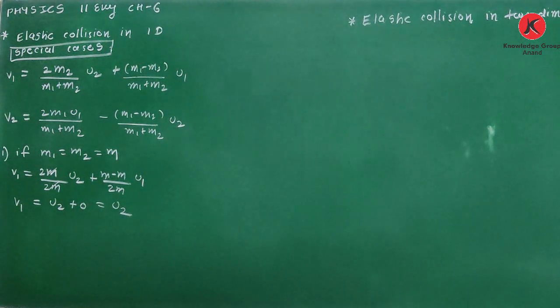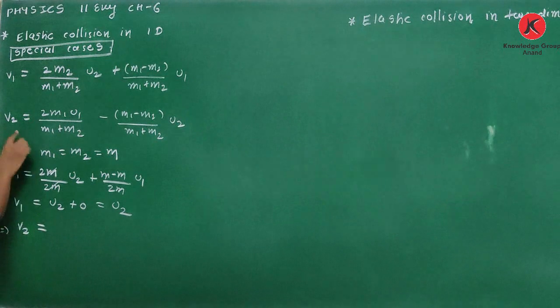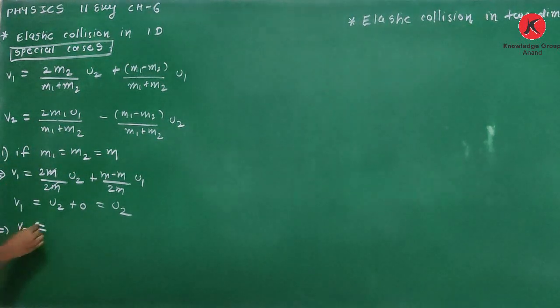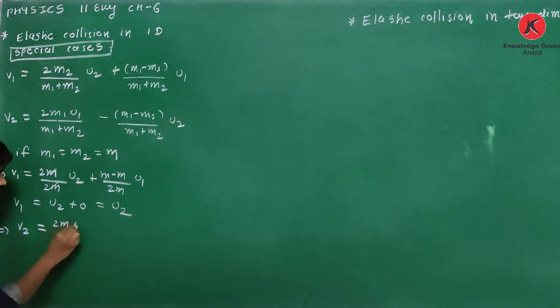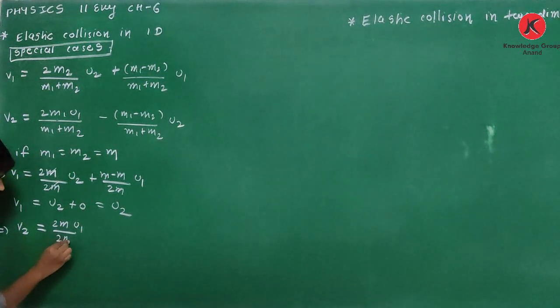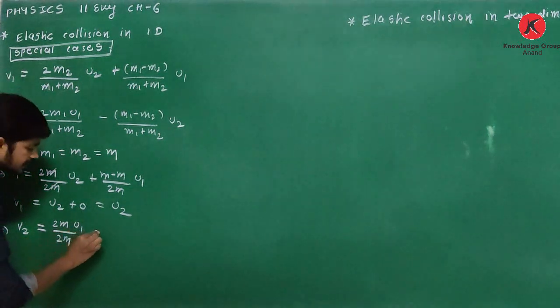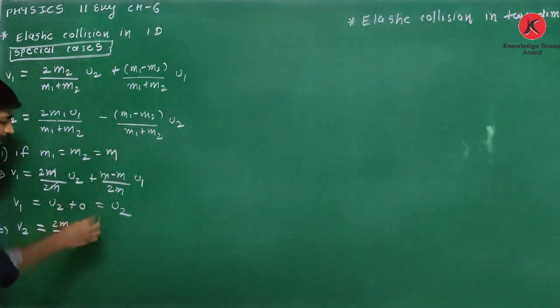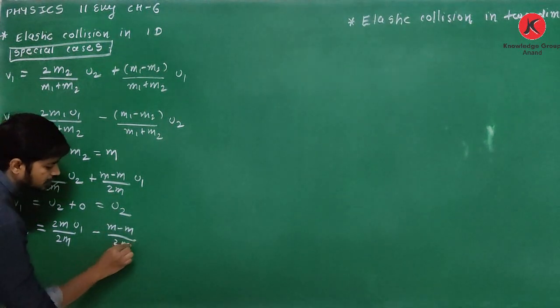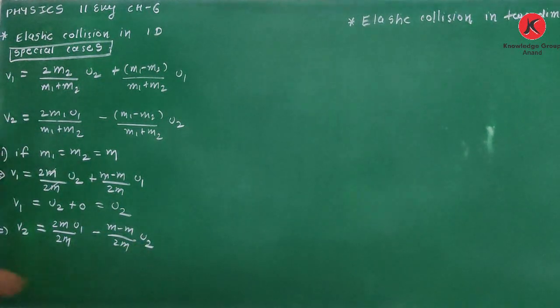Simple. What about v2? In the equation of v2, here it is 2 m1 u1. So I can write 2m u1 upon m1 plus m2, which is 2m. Then minus, m1 minus m2 means m minus m, upon 2m, times u2.